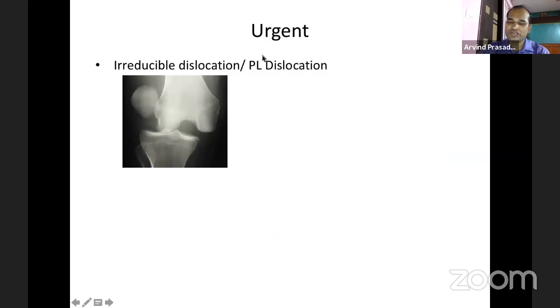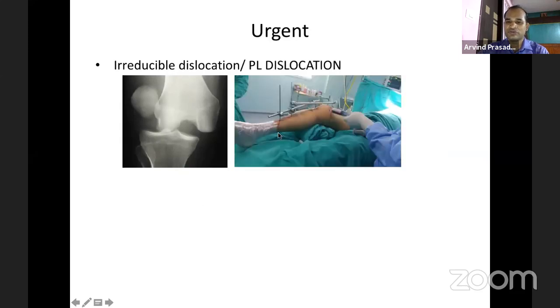Mostly posterolateral dislocation is the irreducible type, and such dislocation should be taken to the OT and reduced and stabilized with the external fixation. At the same time, the knee aspiration should be done so that all the torn structures fall into their natural anatomy, which will help in their healing also.